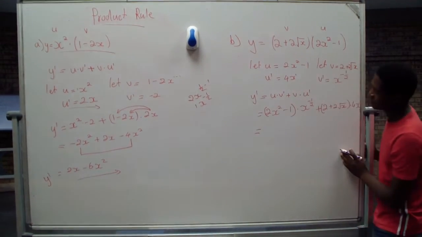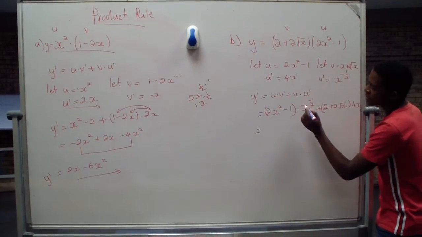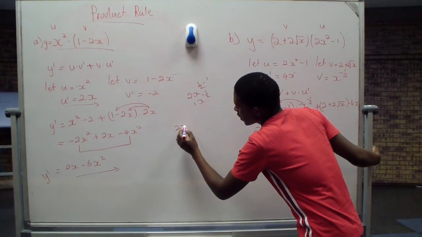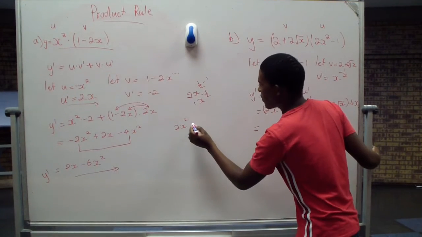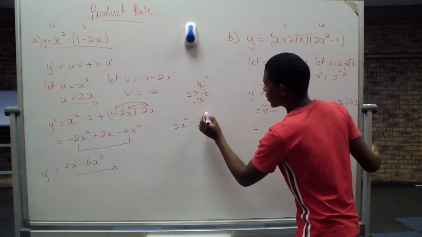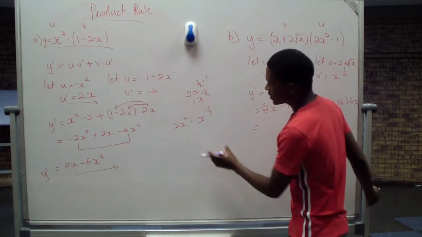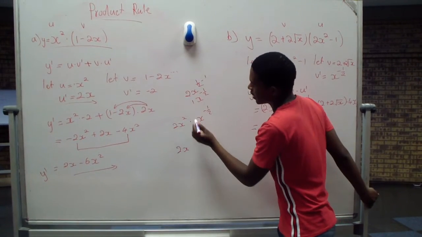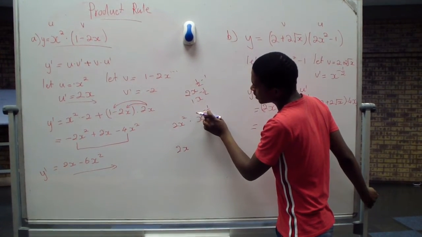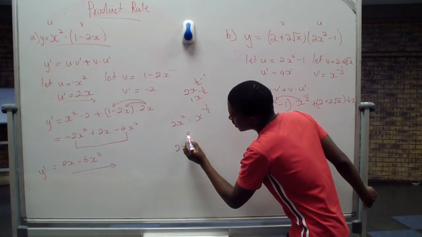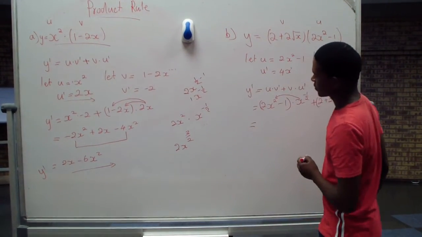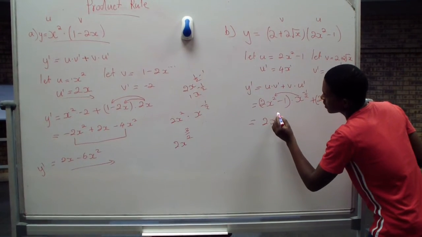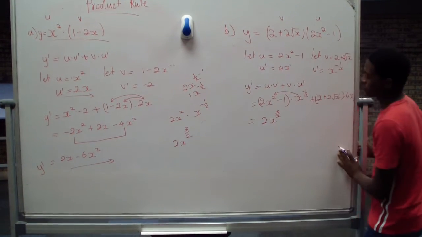So now I come to the simplification. I will multiply this and this. I will multiply 2x to the power 2 by x to the power negative half. Since I'm having the same base, I will say 2x, then 2 minus half, I will have 3 over 2. So here I'm having 2x to the power 3 over 2.